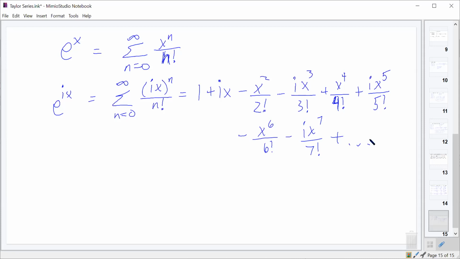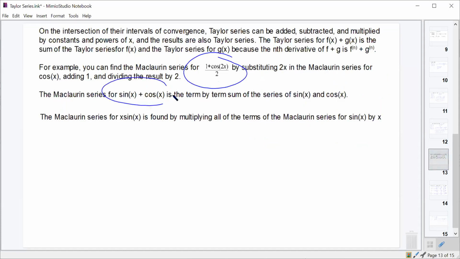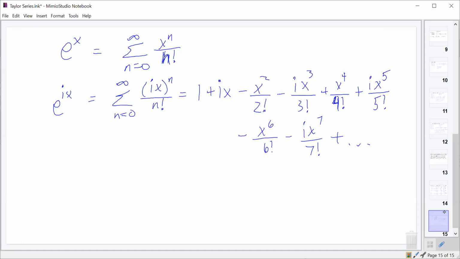Now, some of these terms have imaginary units in them, and some do not. We're going to go back to the rule that sine x plus cosine x is the sum of the series for these. What I'm going to do is split this into two different series: one series that has an imaginary unit attached and one that does not.